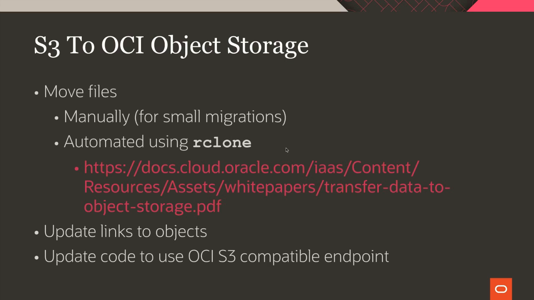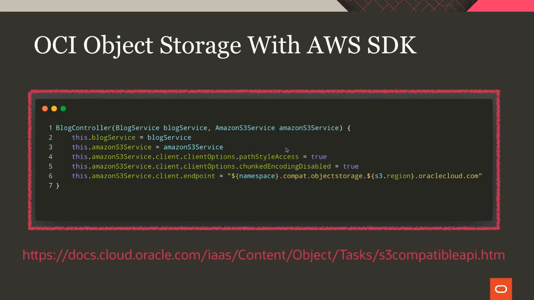All your gets, puts, posts, deletes, updates to and from S3 will work just the same with your OCI Object Storage bucket, just with a couple lines of configuration changes basically. So here's an example of that.